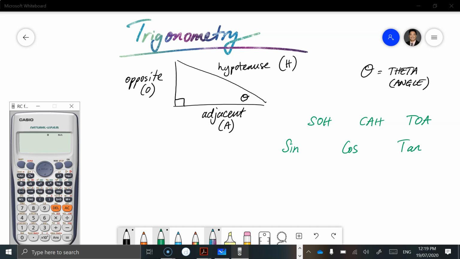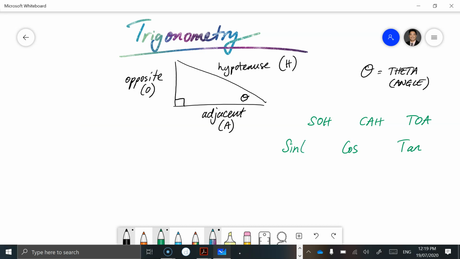Okay, so what I want you to write down is that sine of theta is equal to the opposite divided by the hypotenuse.